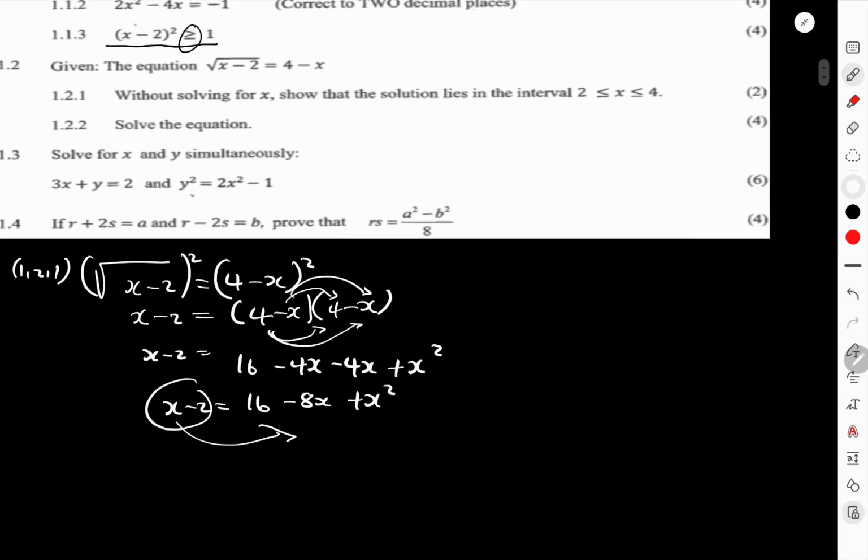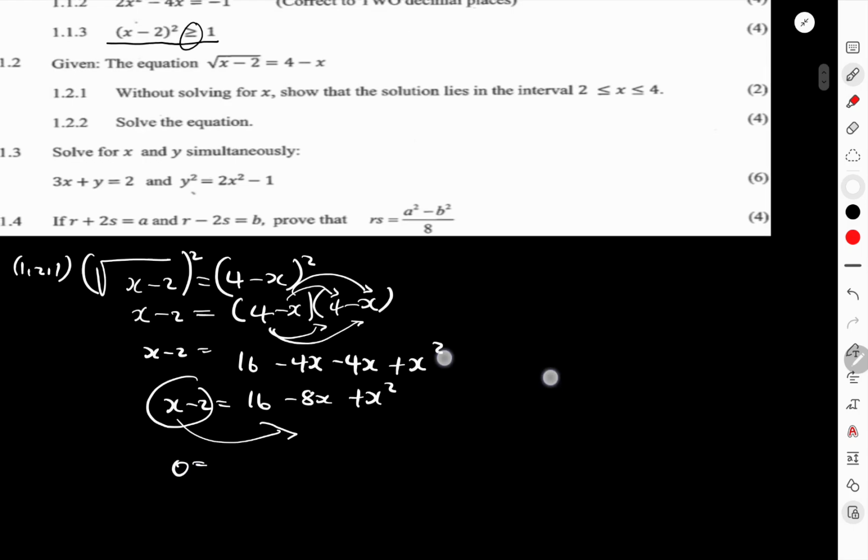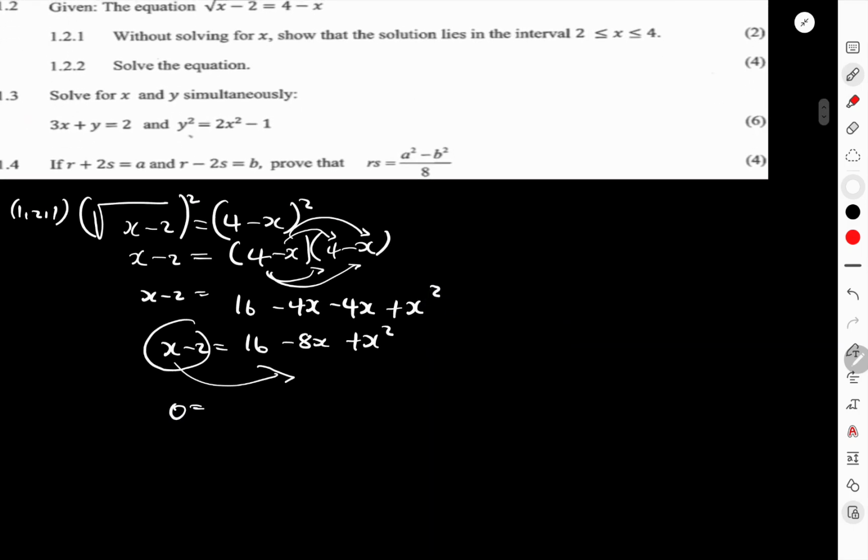Me doing so, I'm going to have 0 equal to 16 minus 8x minus x plus x squared plus 2, right? Now this particular 16 and this particular 2 are like terms, therefore I'm going to have 0 equal to x squared.